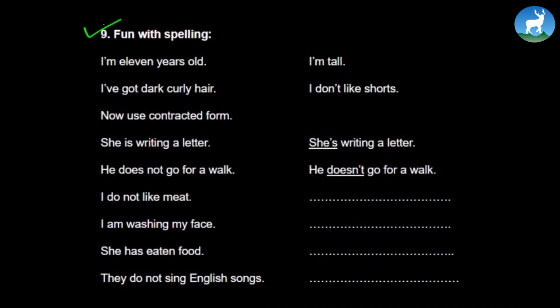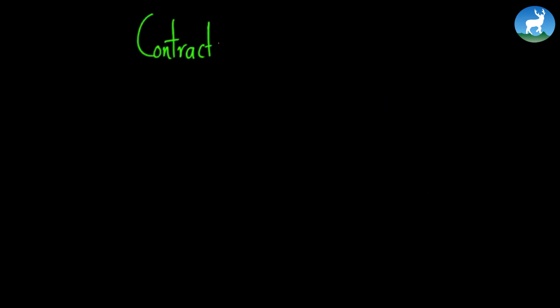Now let's go to another section. It's called Fun with Spelling. Now in this section we will learn the contracted forms. You see, English is the language which is not spoken exactly the way it is written.